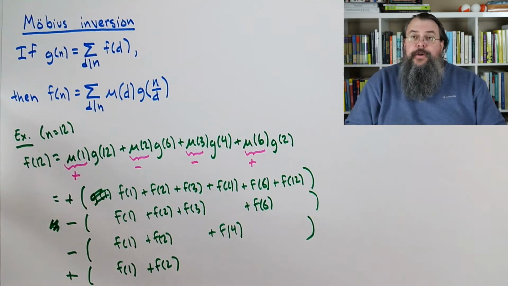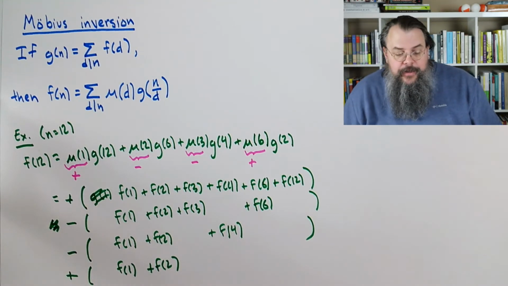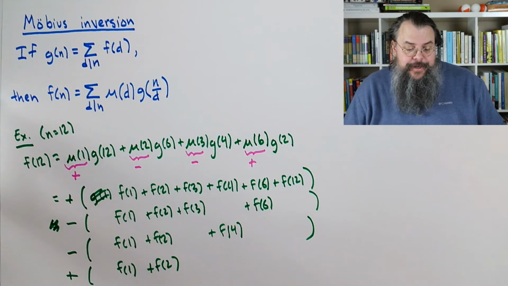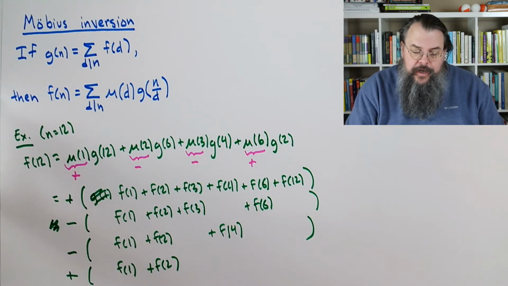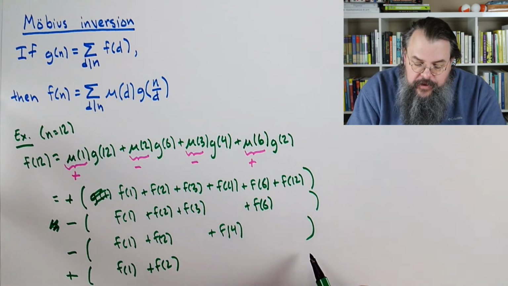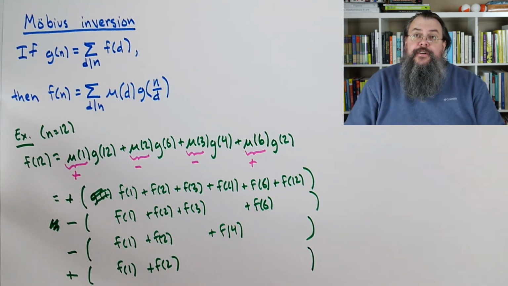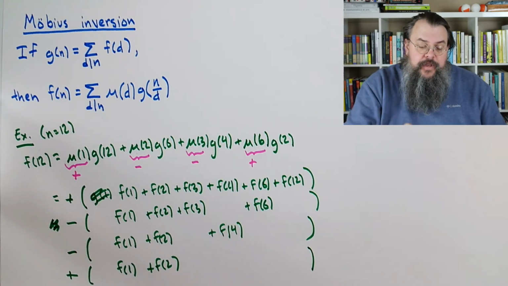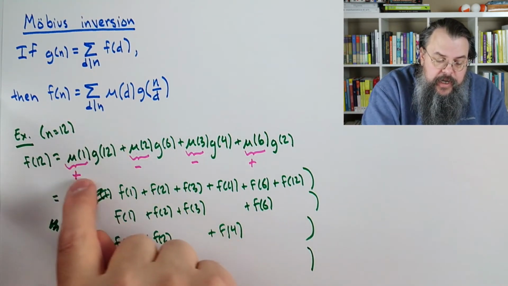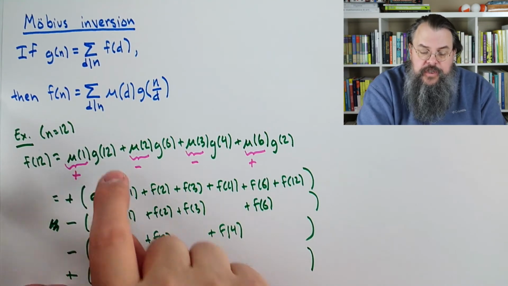And now we take a look. What's going on here? Well, let's start with our f of 12. How many times does it show up? Well, it shows up exactly 1 time. Namely, it showed up right here at the very start, where we had mu of 1, g of 12.